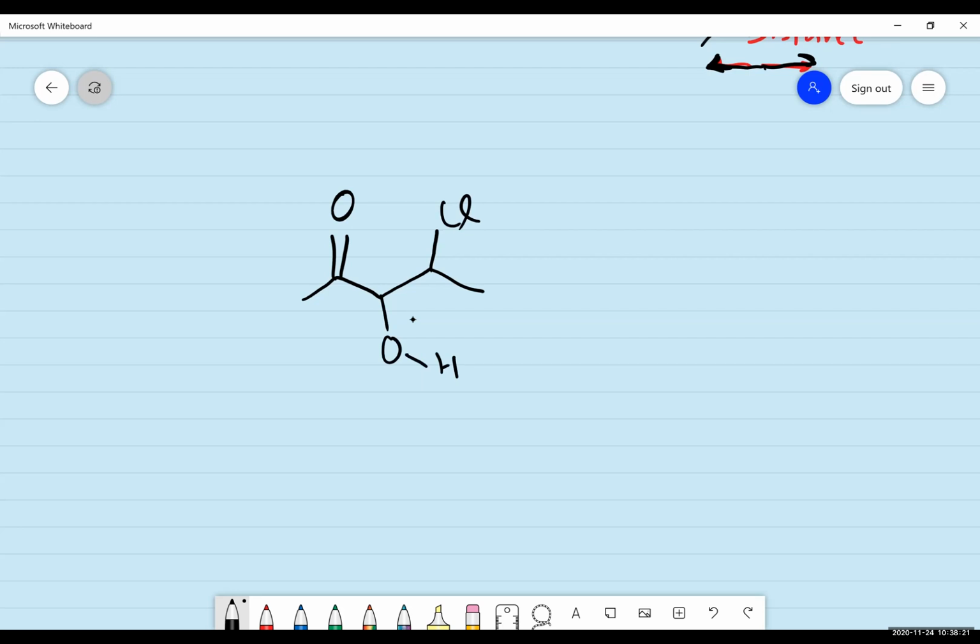In this molecule, as you can see, we have different kinds of bonds. Can you name a few bonds which are present in this molecule? What kind of bonds are present? All are covalent bonds, okay? But I'm talking about between what kind of atoms these bonds are.